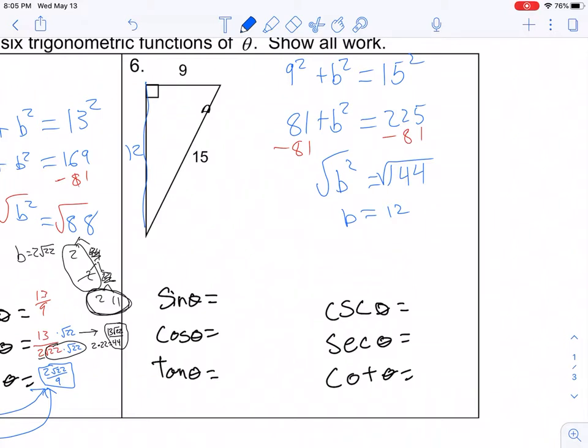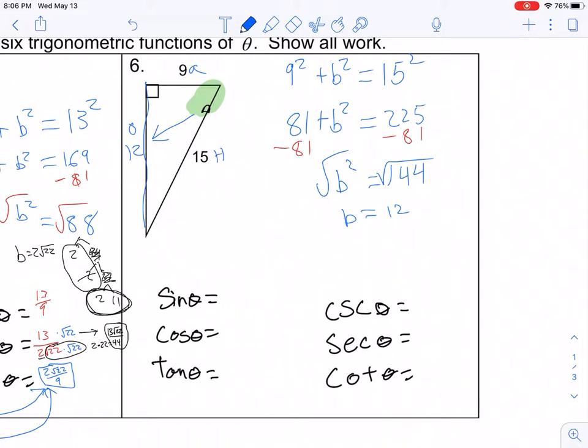Now that we've done that, we don't have any radicals that we're working with on our side length, so there's not going to be any rationalizing, which is nice. We're going to base ourselves on theta. From this corner, the opposite is 12, the adjacent is 9, and the hypotenuse is always across from the right angle, being 15.